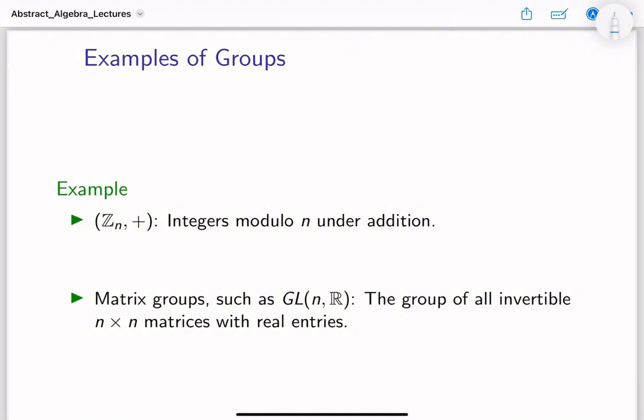However, I also plan to cover some important definitions that are related to groups, such as the order and commutativity of a group and so on. So let us start by going over these important examples that I have in mind.